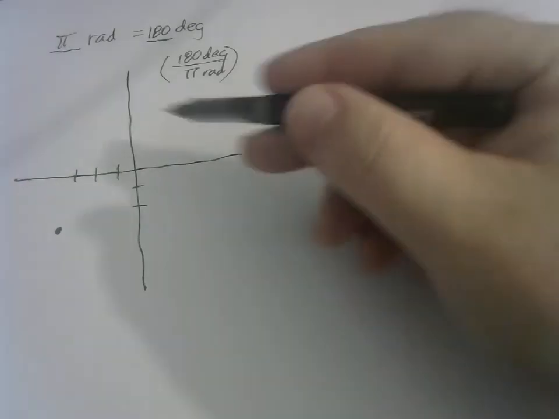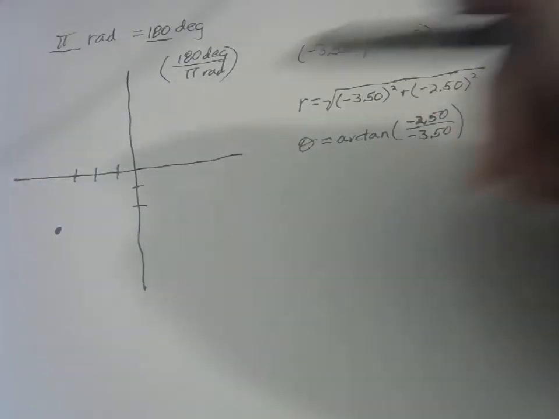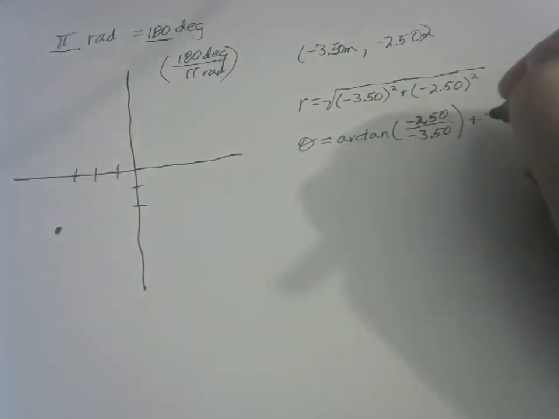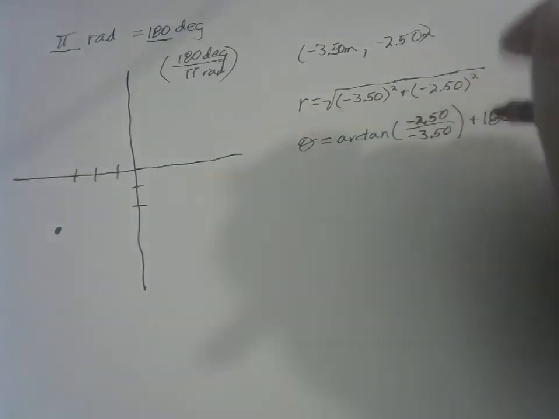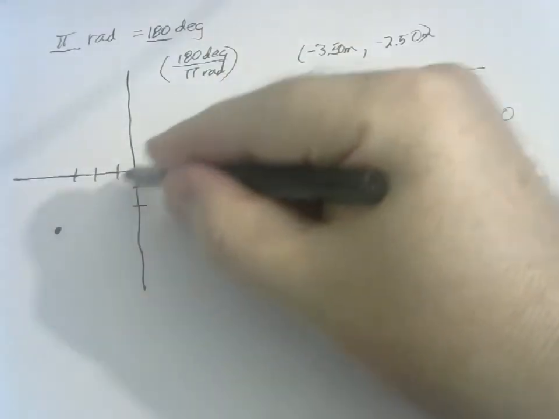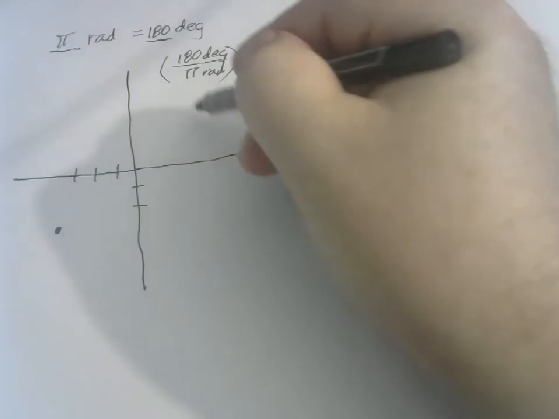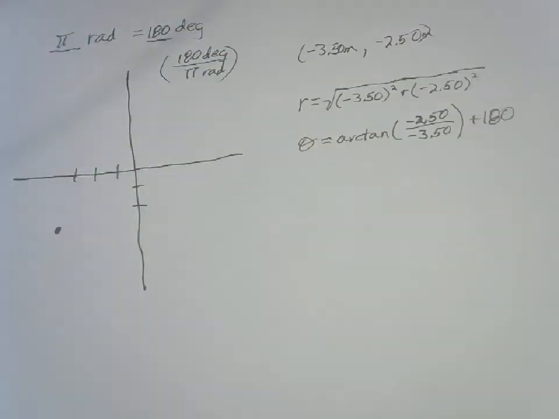And then because x is less than 0, we will be adding 180 degrees to this, because otherwise we'll get the angle for a point up here.